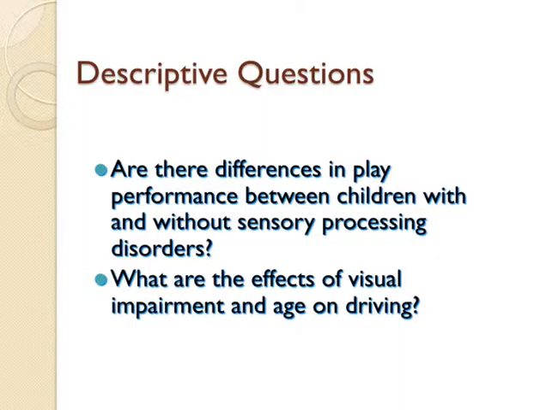Another kind of descriptive question asks, what are the effects of visual impairment and age on driving? So that question is asking, we have driving performance. Does somebody's ability to see impact driving?